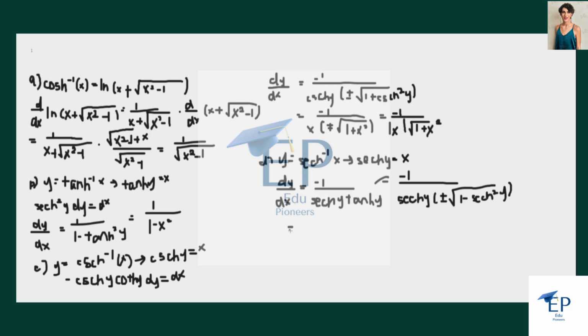And this becomes equal to -1 over x plus or minus square root of 1 minus x squared. So looking at the domain, we could just use the positive root since it's 0, -1 included.